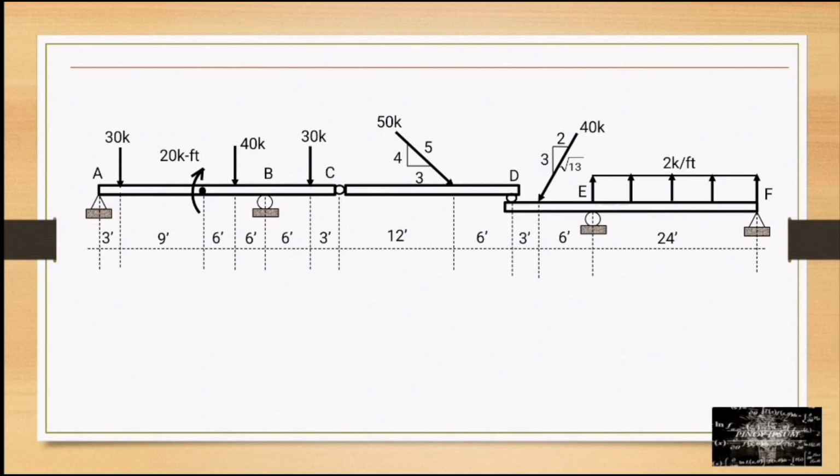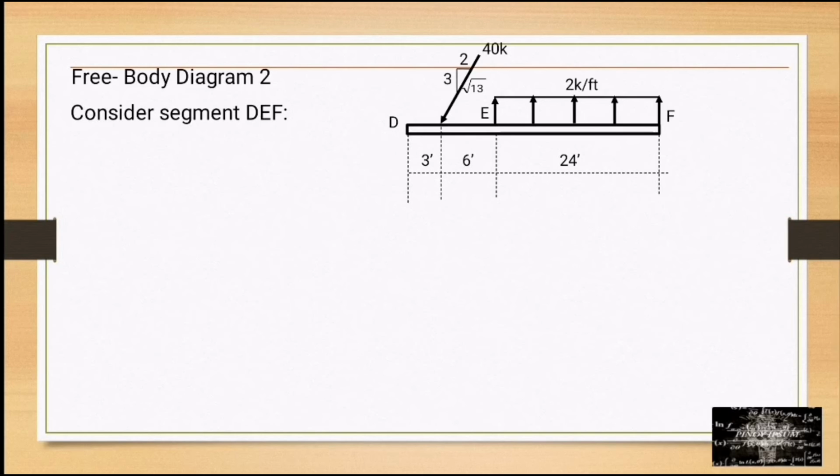Now, ang sunod natin i-isolate yung segment DF. Free body diagram number 2. Okay? Ito siya. So, sa point E, since naka-roller, may isang reaction tayo na RE, no?